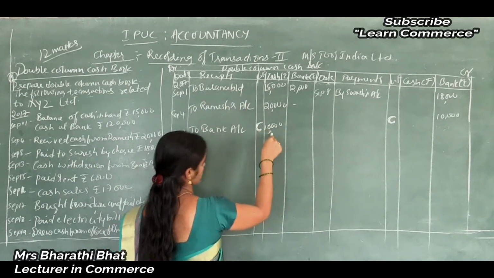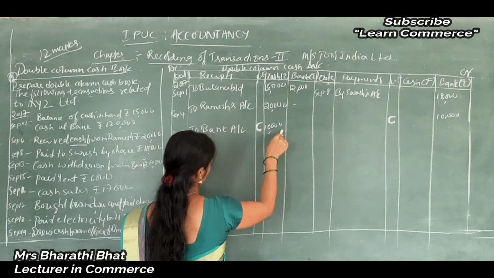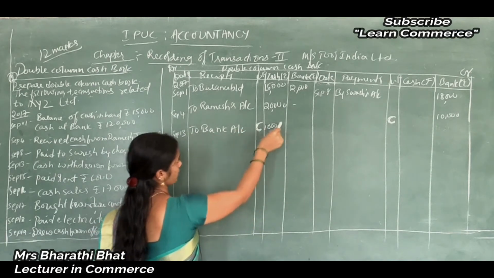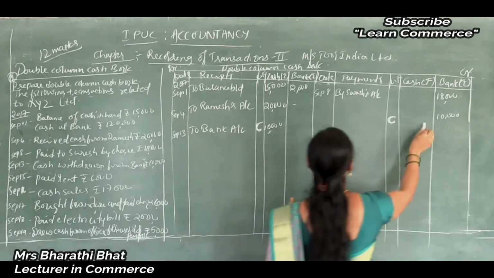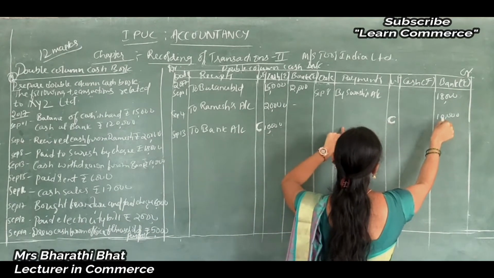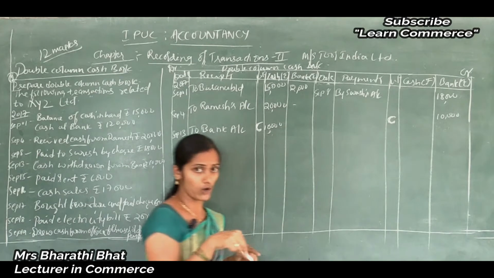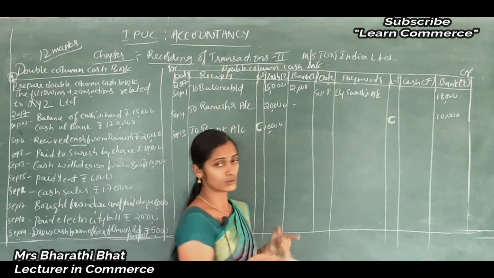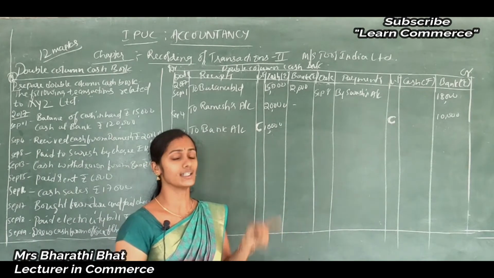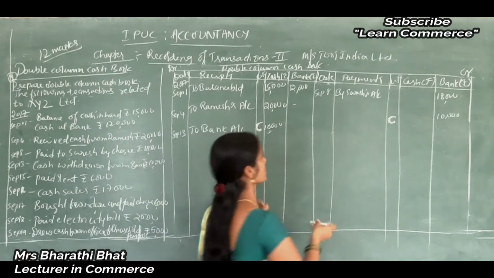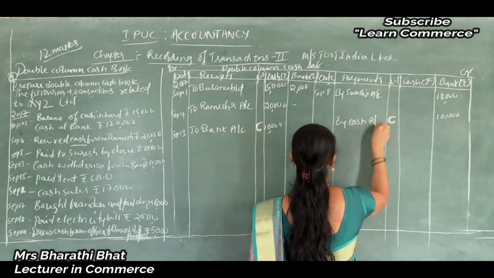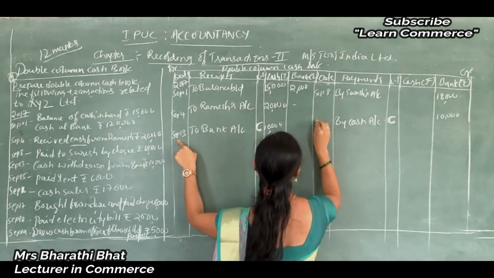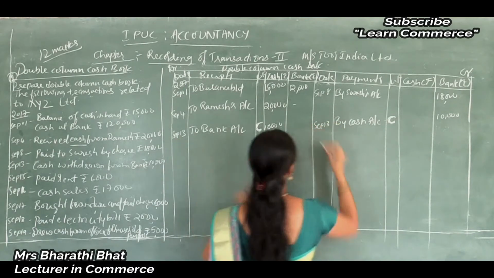So cash shows increased value. From where did you receive cash? From bank. And the next step here, the bank lends amount, the bank gives amount to the organization in the form of cash. So by cash account, mention the date September 13.